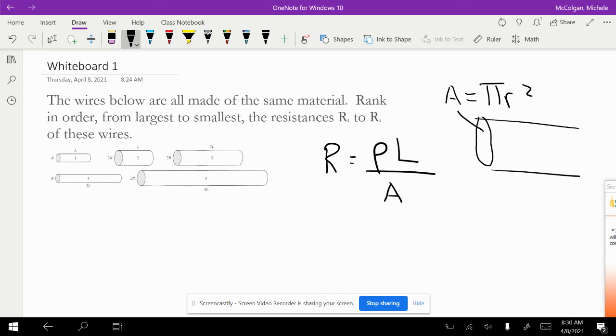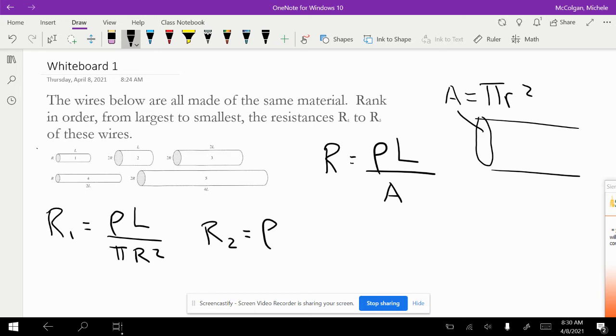They're already labeled. Great. So we'll start with 1, and R1 is equal to rho L over pi capital R squared, because they're all the same material so I can use the same rho.